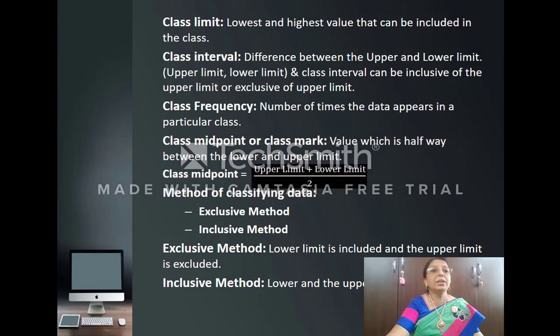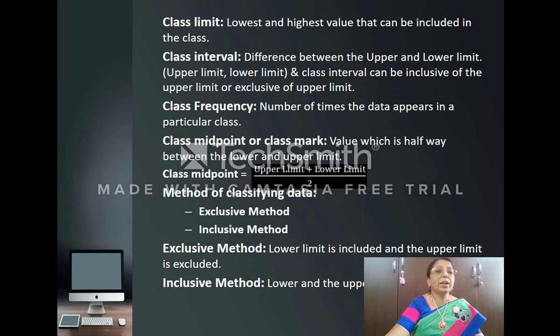If the class interval is 0 to 10, it is lower limit plus upper limit by 2, so 0 plus 10 by 2, which is 10 by 2, the midpoint is 5. If your class interval is 15 to 25, it is 15 plus 25 by 2, which is 40 by 2. So the midpoint is 20.